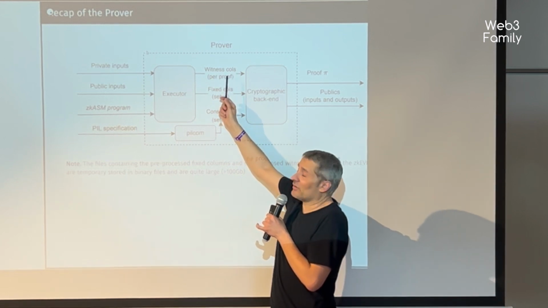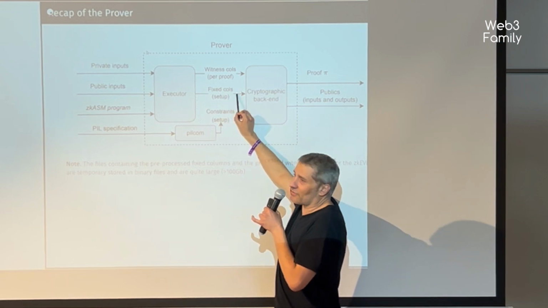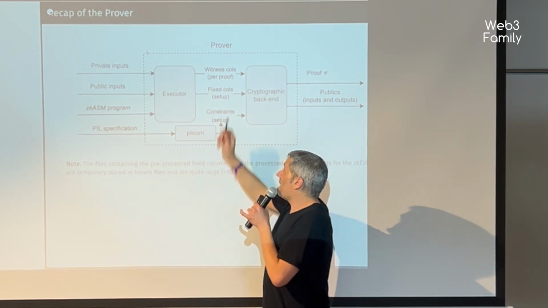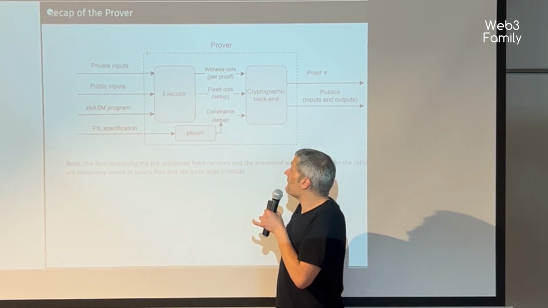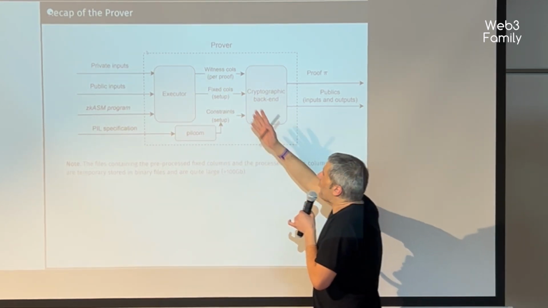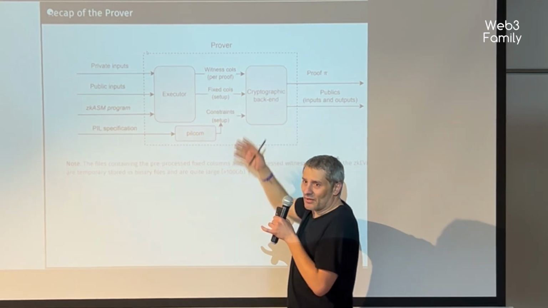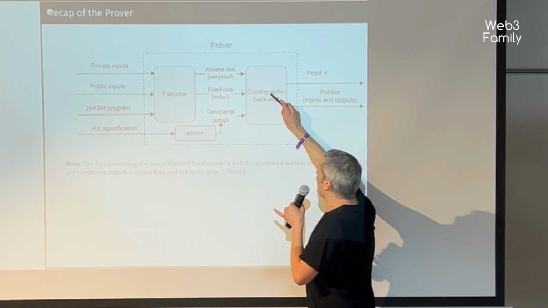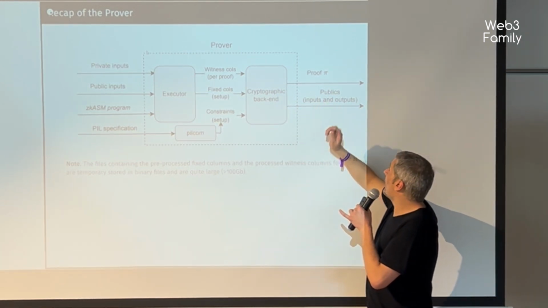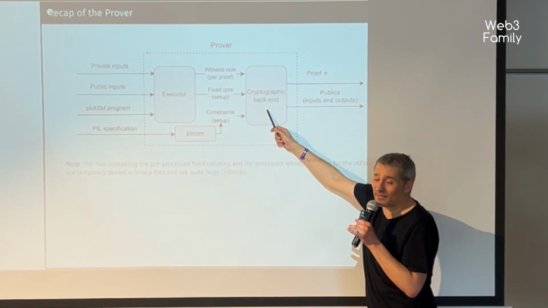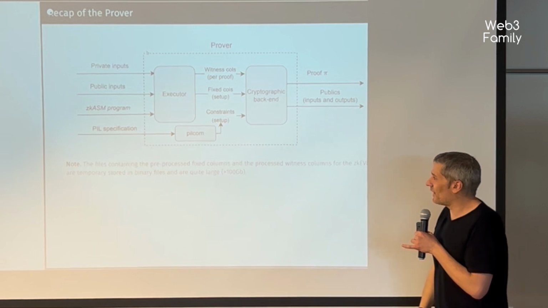Part of the executor generates the fixed columns. This is only done once. And then each time we generate a proof, we need to run the executor to generate the witness columns. Then we pass the witness columns and the fixed columns and the constraints of these matrices, and the backend, with some magic, generates polynomial commitments and things like that, generates a proof and generates the inputs.